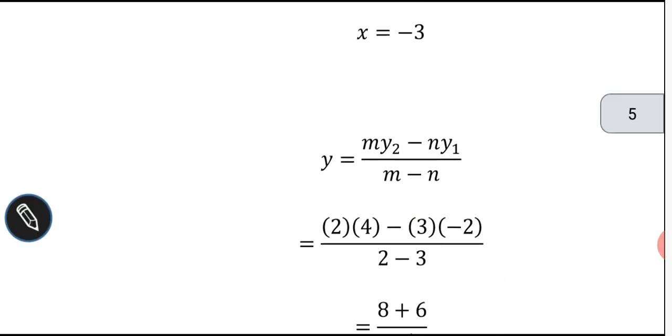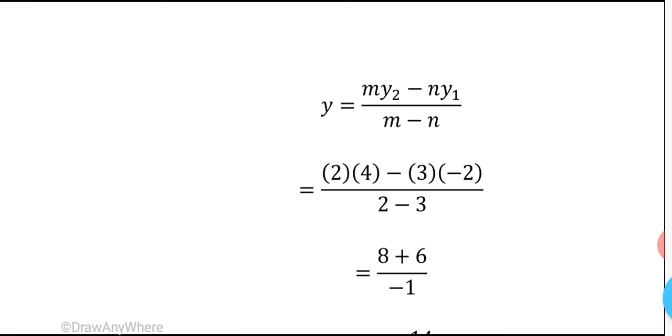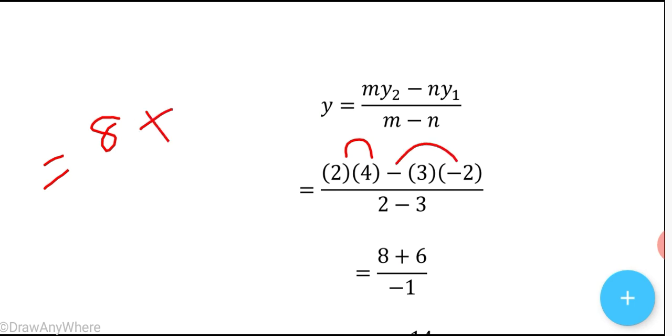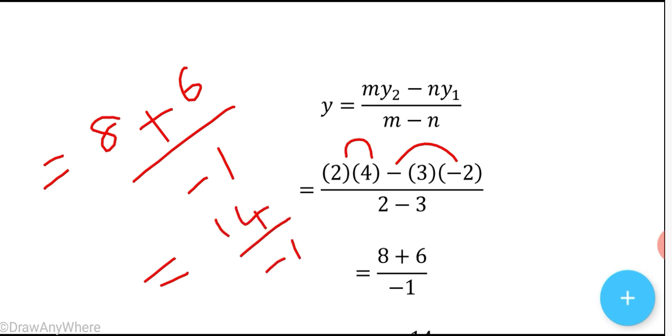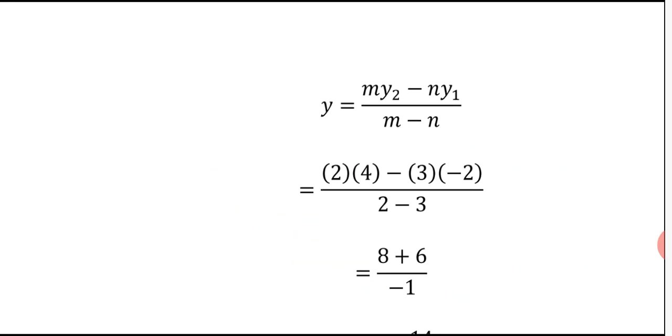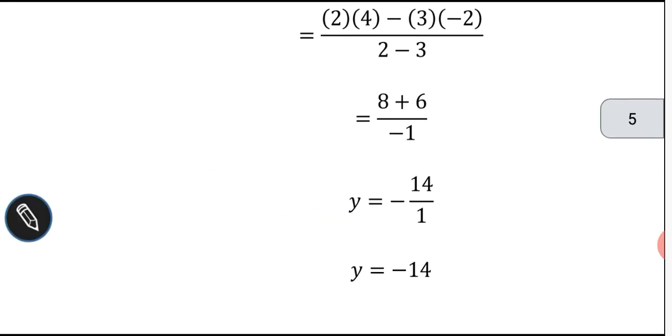So 2 into 4 is equal to 8. Minus into minus is plus, 3 into 2 is 6, divided by 2 minus 3, which is minus 1. So that is equal to 8 plus 6, 14, divided by minus 1, which is equal to minus 14. Okay, so the value of y is minus 14.